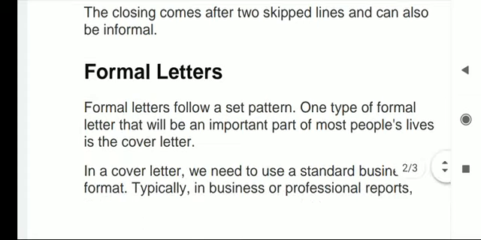Now formal letters follow a set pattern. One type of formal letter that will be an important part of most people's lives is the cover letter.